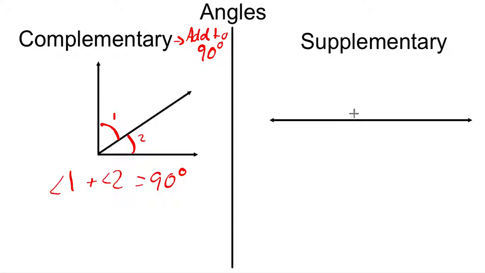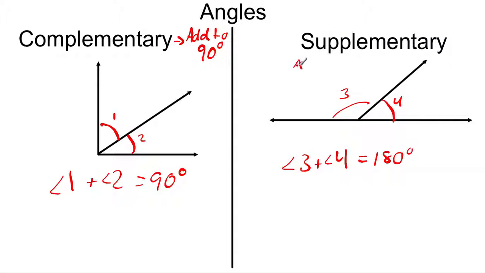So if I have two angles there, we can see I have an obtuse angle and I have an acute angle. Say this is 3 and 4. Angles 3 and 4 make this straight line. They're actually a linear pair.